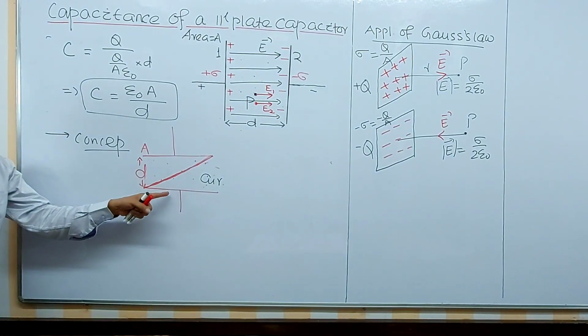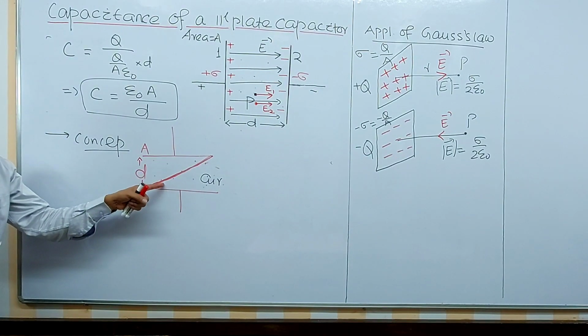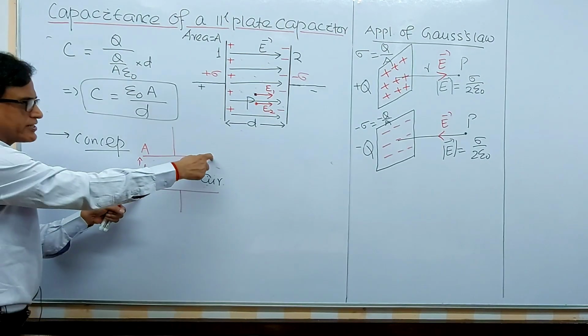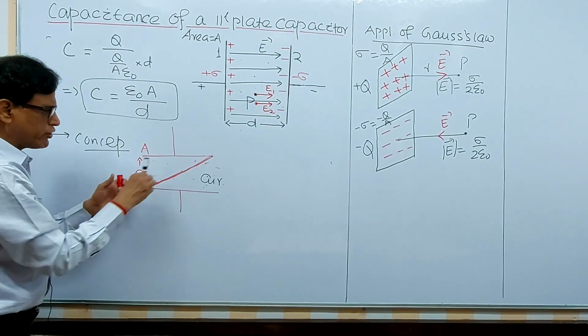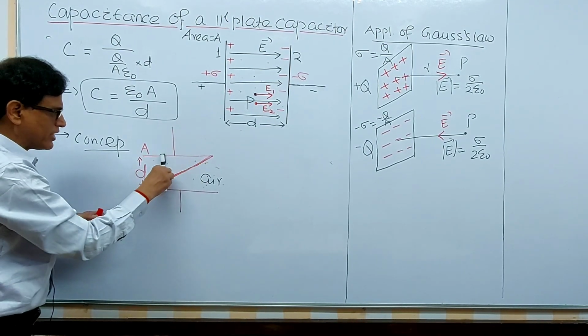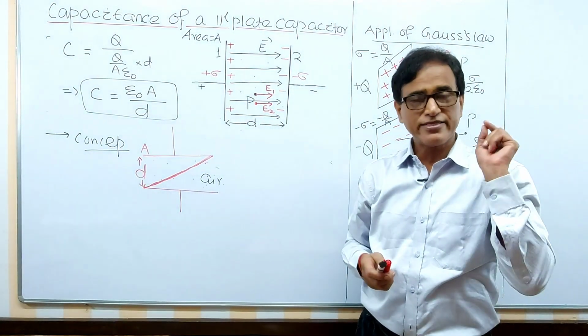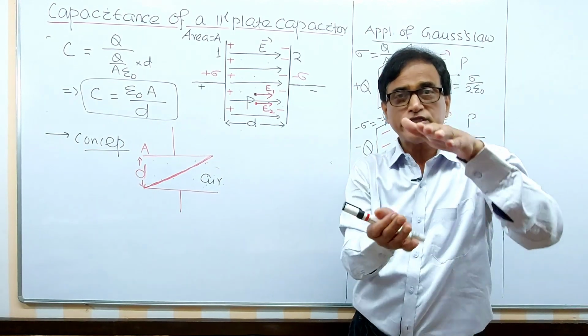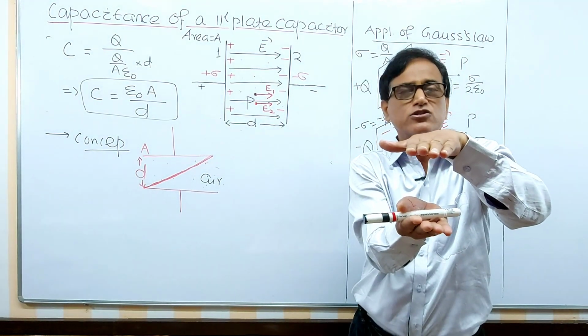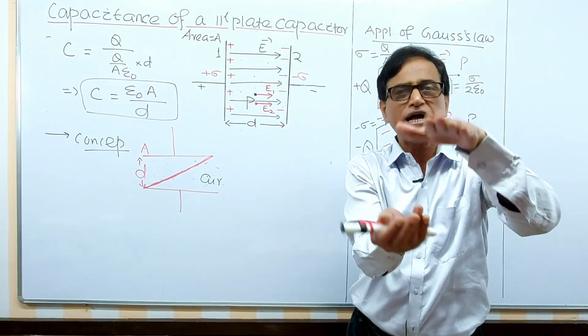This is a conductor, this is a conductor. Earlier it was air, an insulator. Now I am connecting them. Either you can connect like this or like this, the same thing happens. What happens in that case? In that case, there is no thickness of the dielectric.